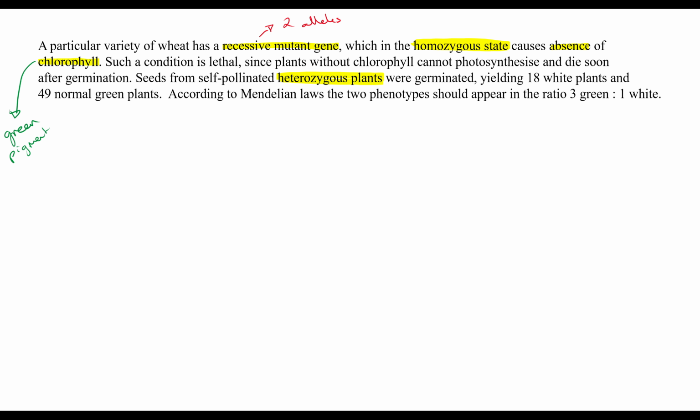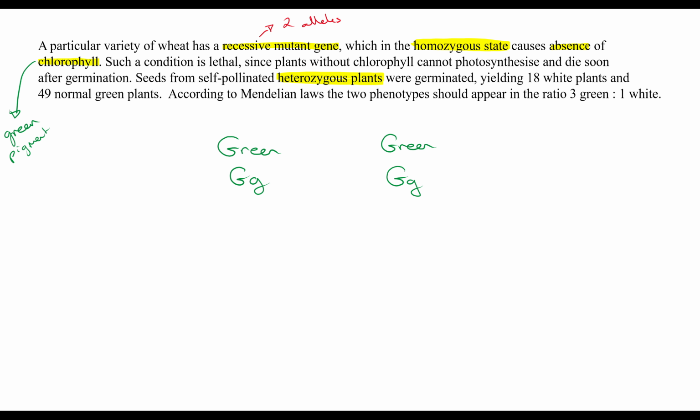So I can make the assumption that because I've got a green plant, that green plant is going to be heterozygous, capital G, small g, and I have another green plant and it is going to be capital G, small g, because it is heterozygous.